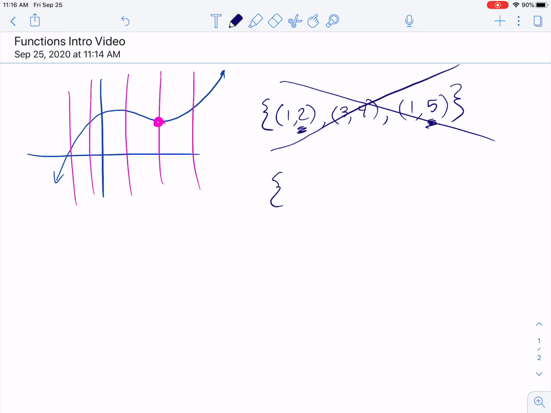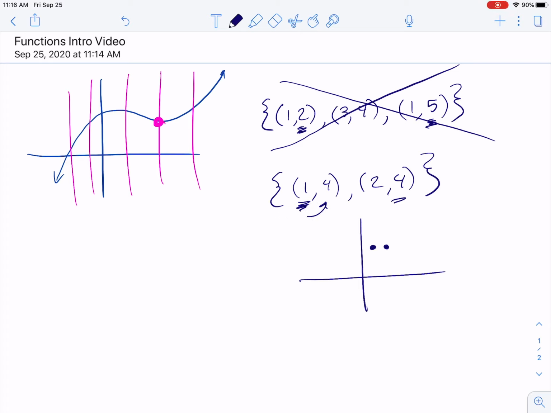However, if you have the points 1, 4, and then the point 2, 4, this would be a function because your x was paired with exactly one y. It doesn't matter if they're paired with the same y. Okay, so hopefully you're aware of that sort of thing.